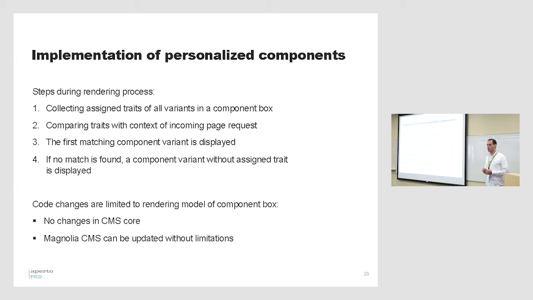And if there is no match, so for example, the user is not in San Francisco and he's not in Foster City, then there's a default variant which is displayed. And in the end, we only implemented business logic for the component model, so there's no change in the CMS core, and it means you can update the CMS without any problems, because we didn't go into the Magnolia core.